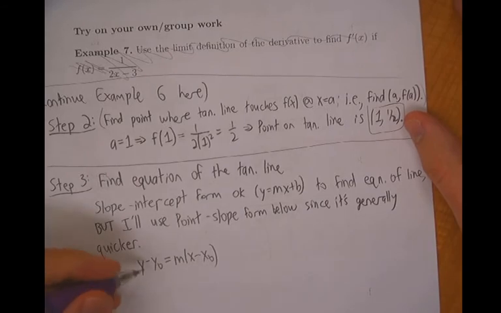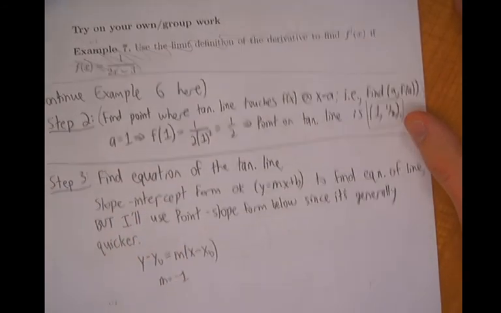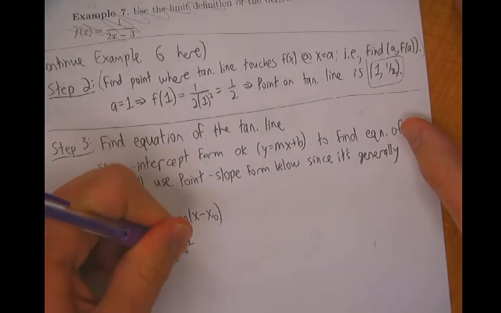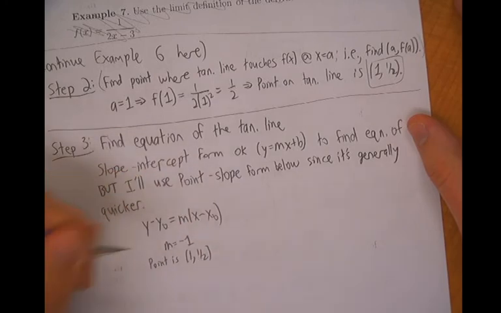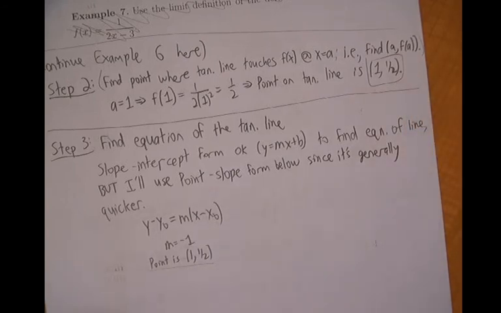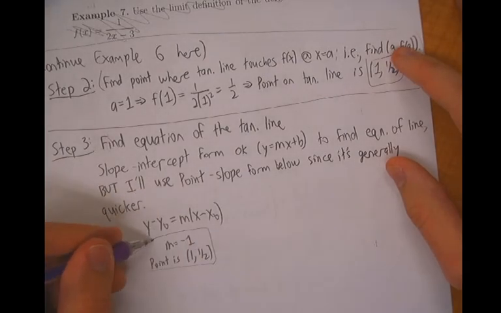So in this case, we have m equals -1, and point is 1, 1/2. So all this we got from step 1, the slope, and the point here we got from step 2. So all we need to do now is just plug everything in.